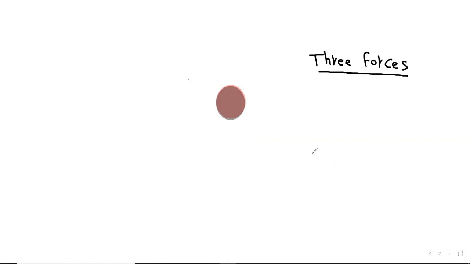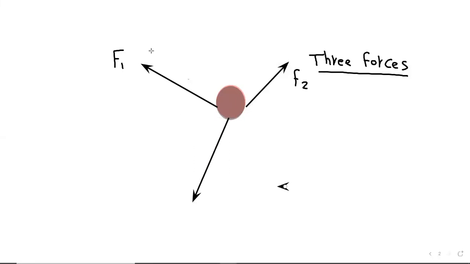So, if three coplanar forces, F1, F2, and F3, are acting at a point and they are in equilibrium, like here we can write F1 in this direction, F2 in this direction, and we have F3 in that direction. What does it mean?